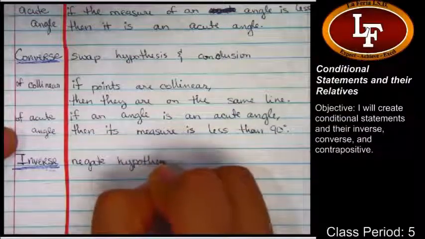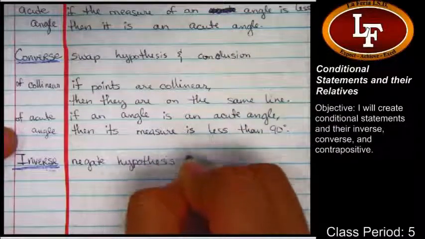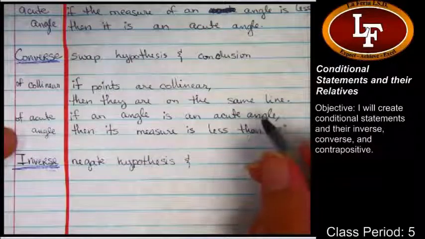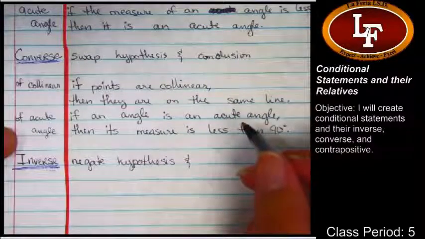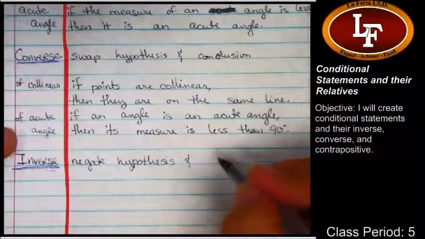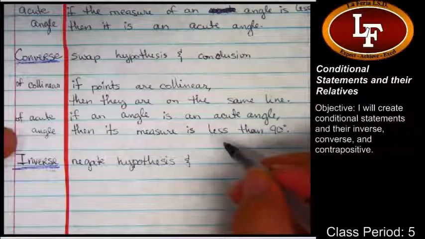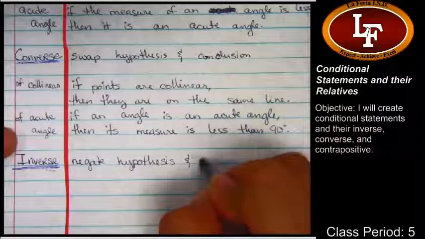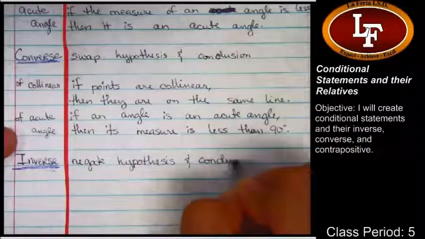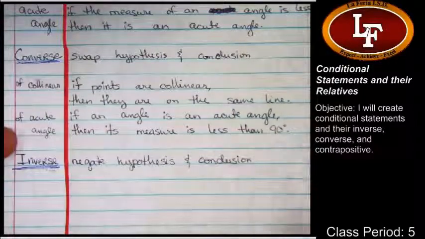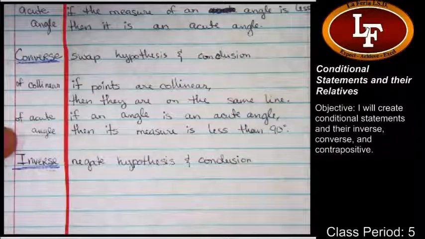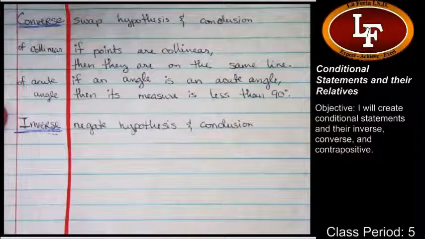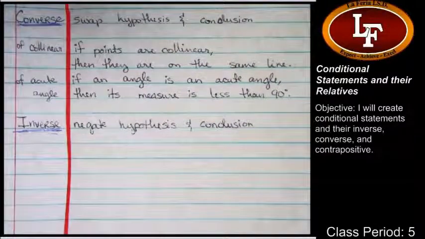Did y'all see Scott Pilgrim versus the World? Some of you did, some of you didn't. When you play Halo, you put the controls on reverse and you're like, what? Why can't I go up or down? I'm so confused. Okay, so negate the hypothesis and the conclusion, make it the opposite.